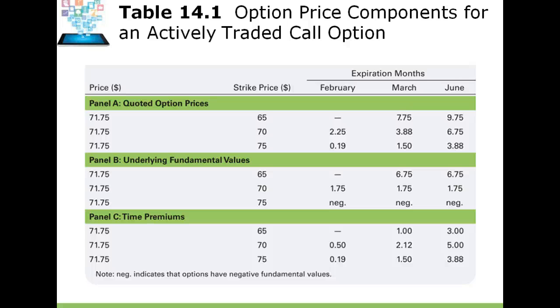Now, here's another look at options. If we look at these quoted option prices, we can see the fundamental value, which is also known as the intrinsic value, and the time premium.